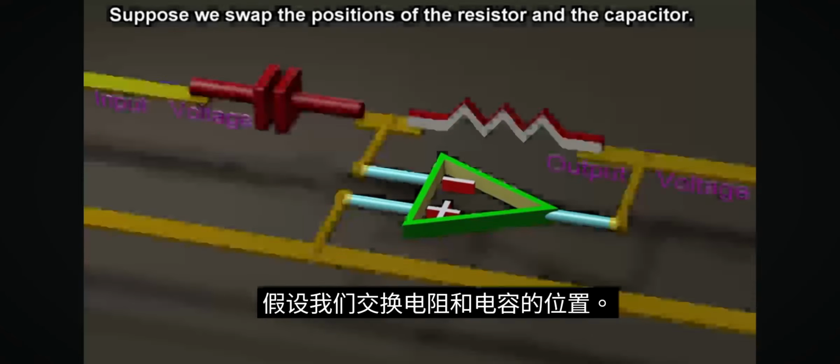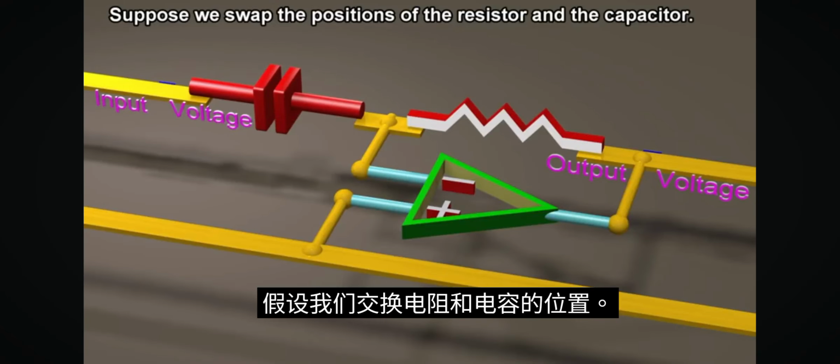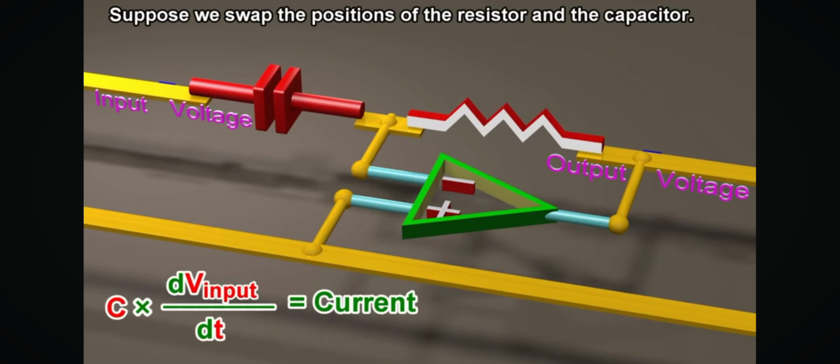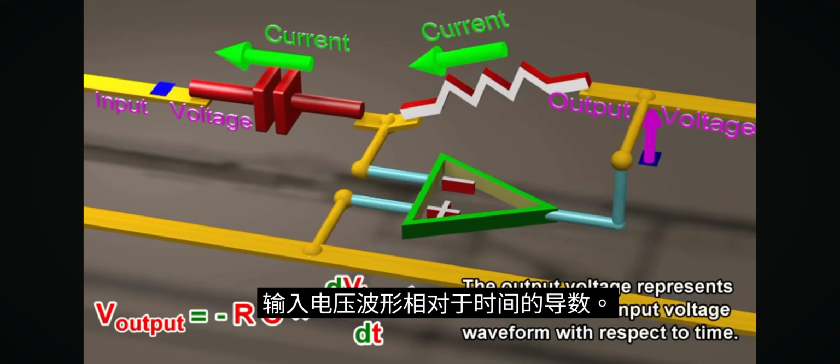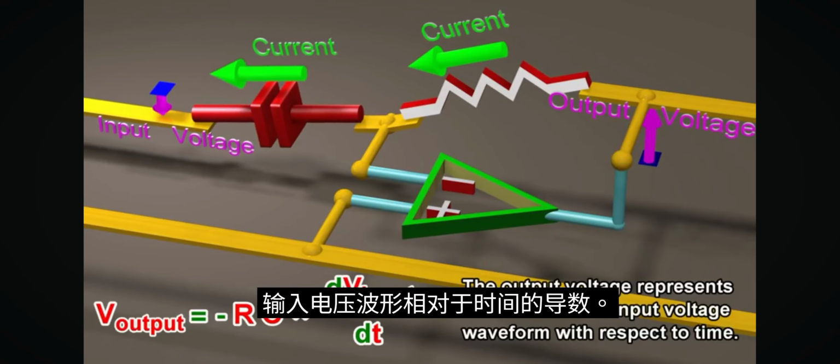Suppose we swap the positions of the resistor and the capacitor. The output voltage represents the derivative of the input voltage waveform with respect to time.